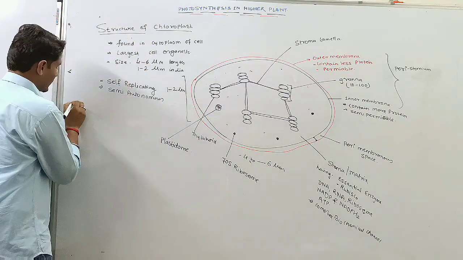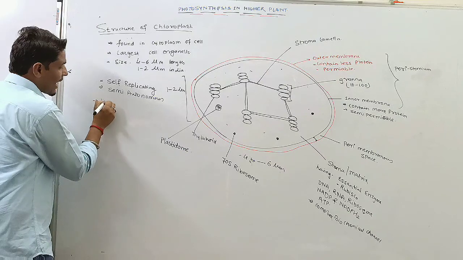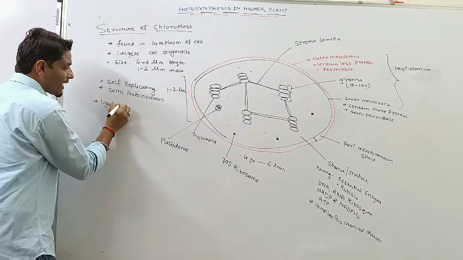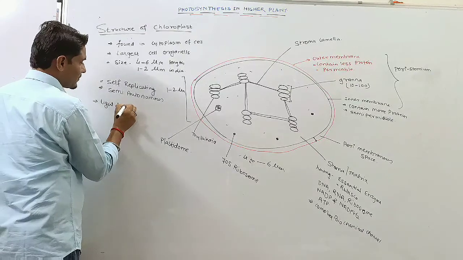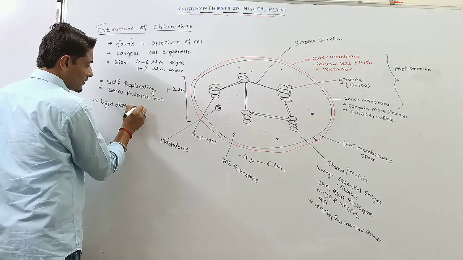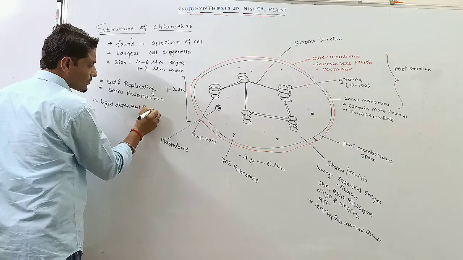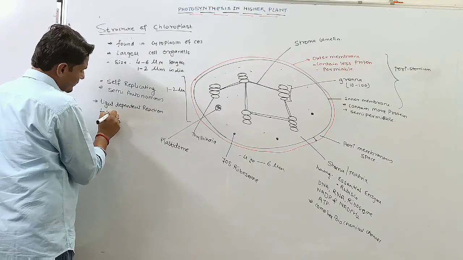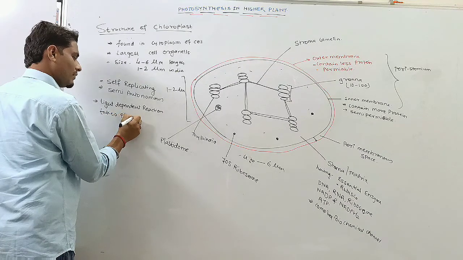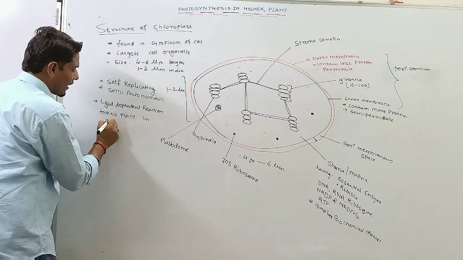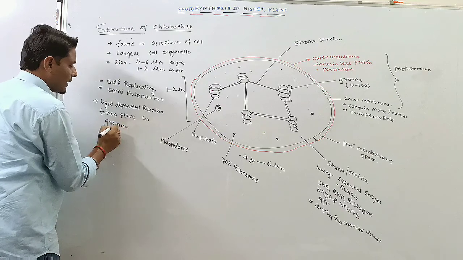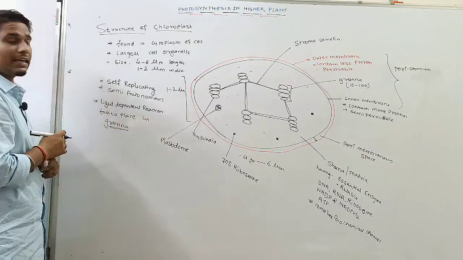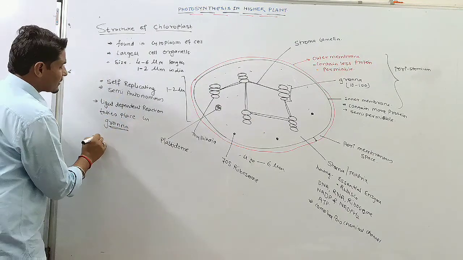So light reaction or light dependent reaction takes place in grana. Okay, light dependent reaction कहाँ पे होते हैं? ग्राना में होते हैं.